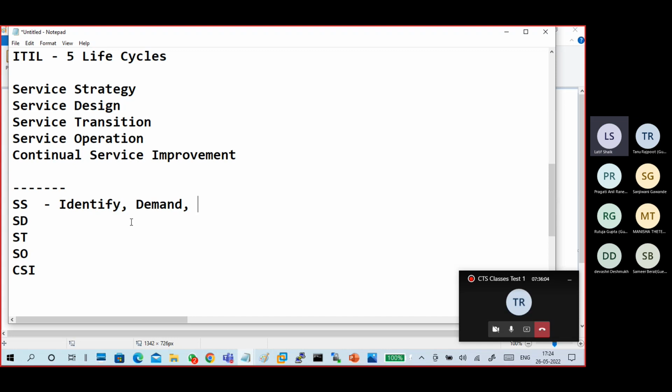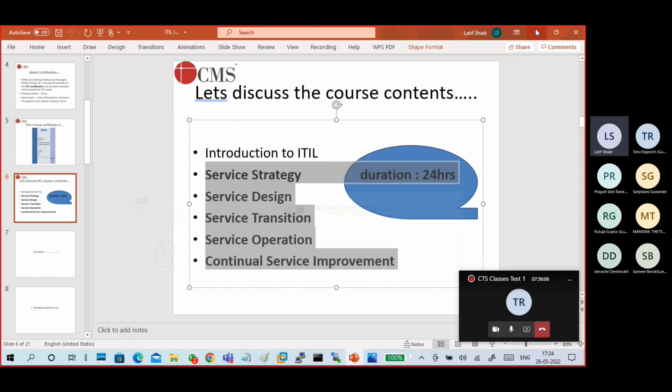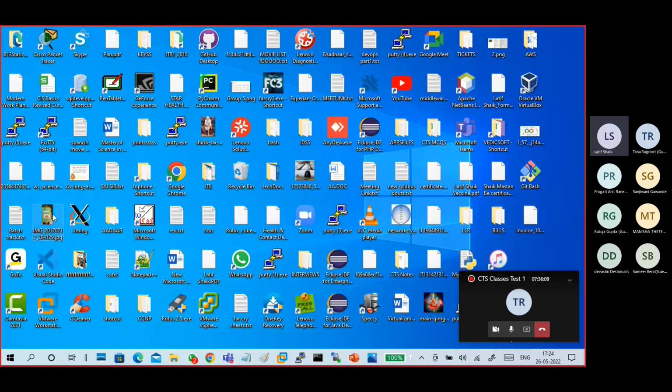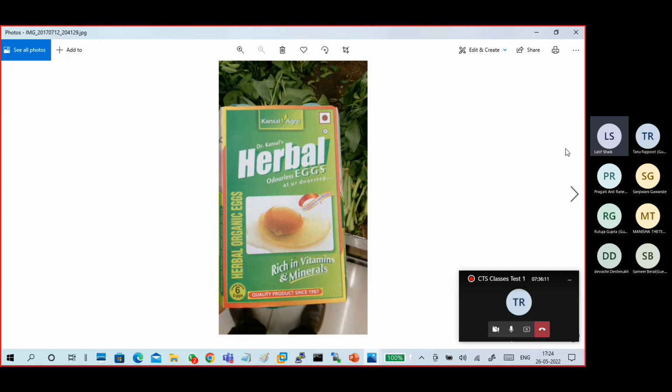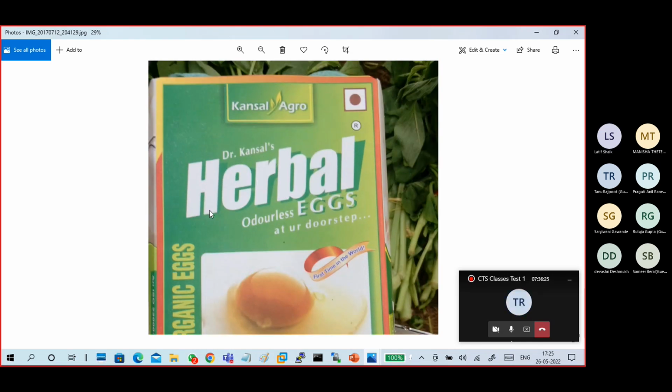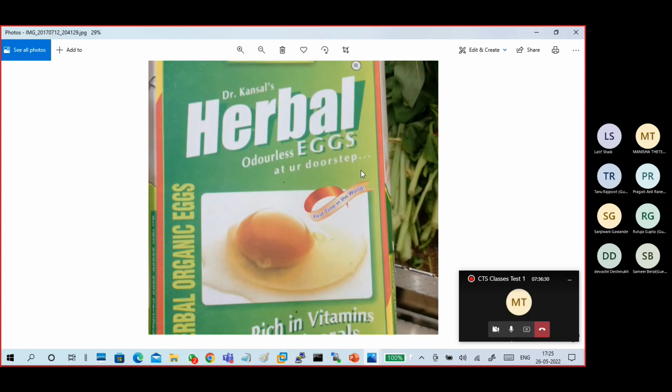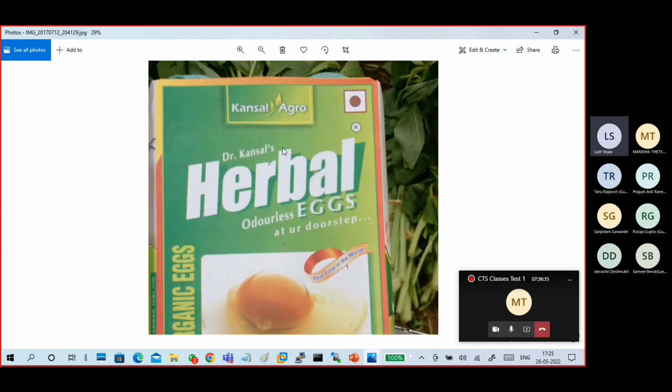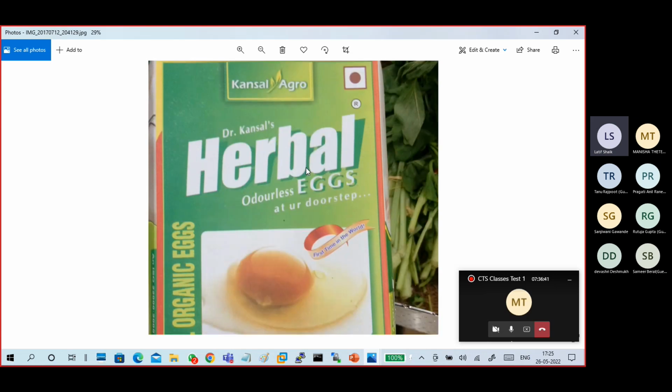For example, I will tell. This is my favorite one. I've been maintaining it on my desktop screen for so many years. Which eggs are these? Odourless eggs, herbal eggs, and it is not made by a chicken, it is made by Dr. Consul's Argo.